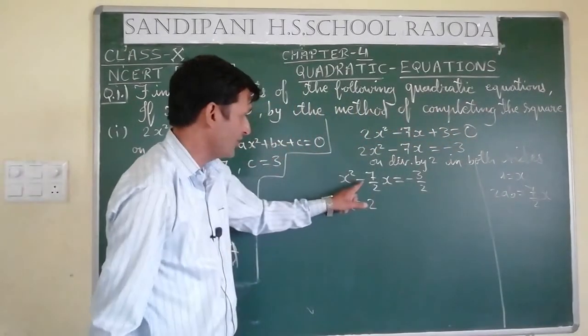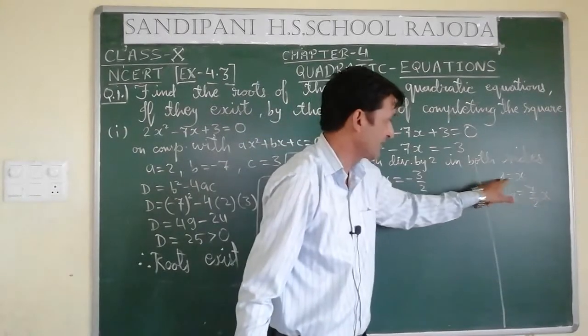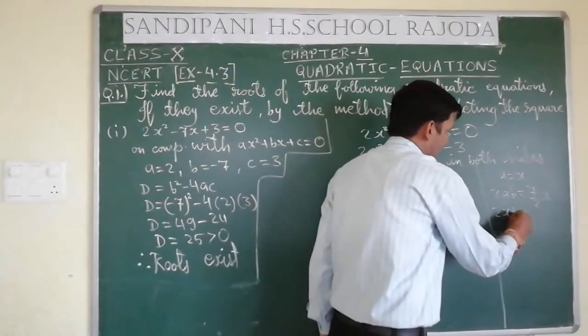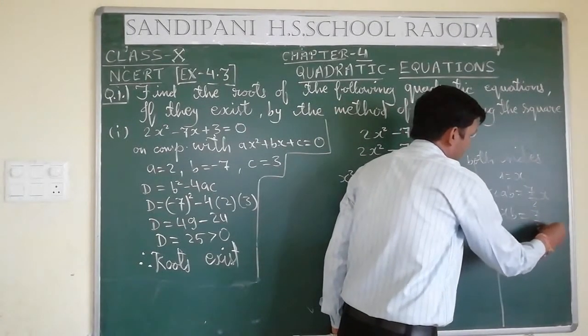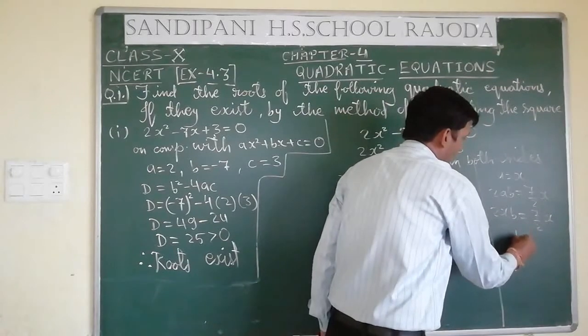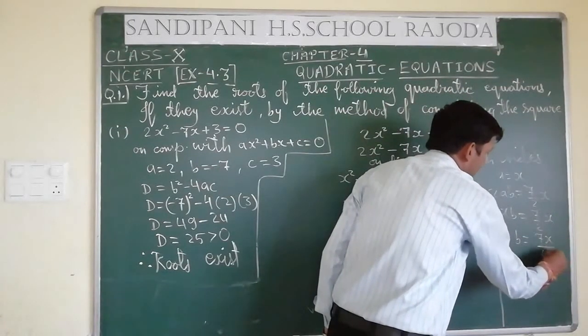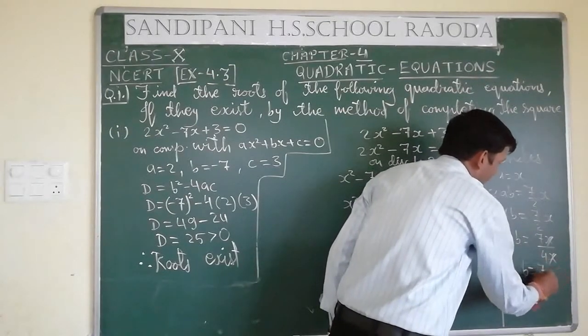But in place of a, x is there. So we may write 2xb is equal to 7 by 2 x. So b is equal to 7x by 4x. x will be cancelled. b is equal to 7 by 4.